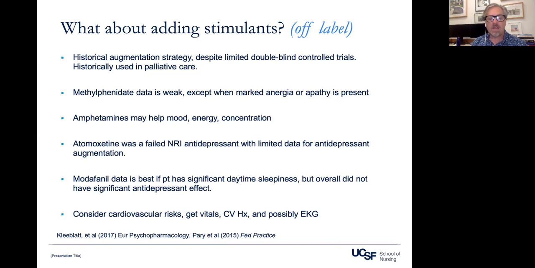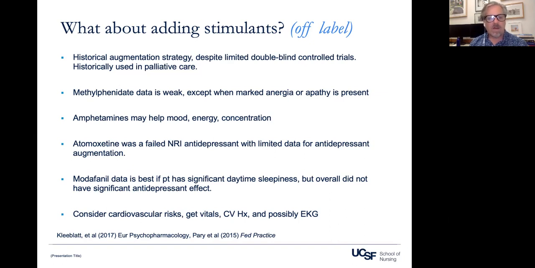It definitely appears that the stimulants, methylphenidate, amphetamine, modafinil, are useful if somebody has marked drowsiness or significant cognitive impairment because of their depression. Some people, when those areas of their depression are addressed, find their mood follows along and also improves. So I don't want to say that these are entirely unhelpful, because I have certainly had good luck with them, but these are certainly not first-line augmentations.